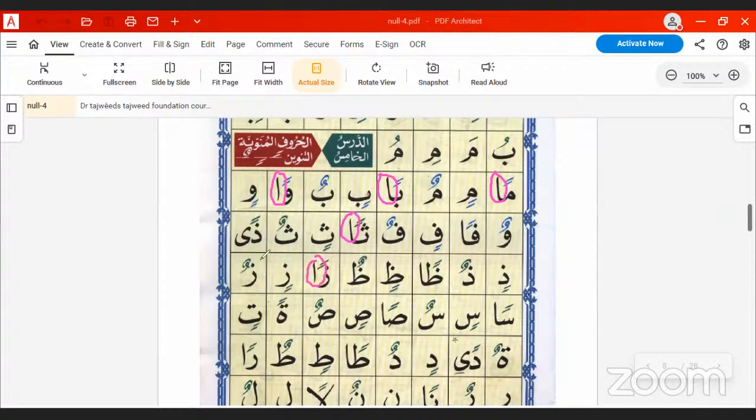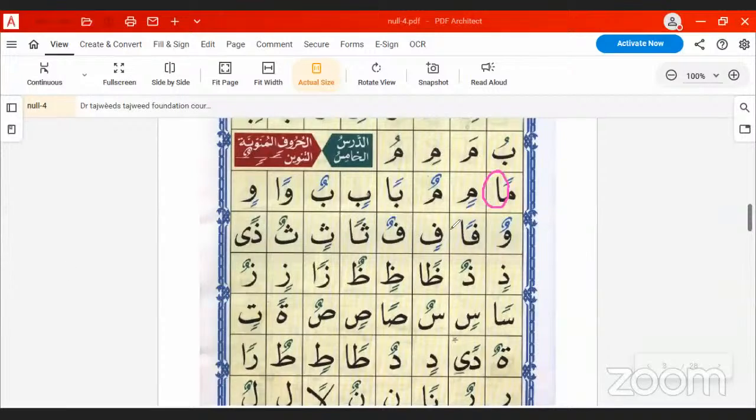So we don't have any role in changing it. The Sheikh who found this book is giving us examples from the Quran. This is the way it is seen in the Quran, so that we come across these types of words and we don't get confused. So this is just for reference purposes.